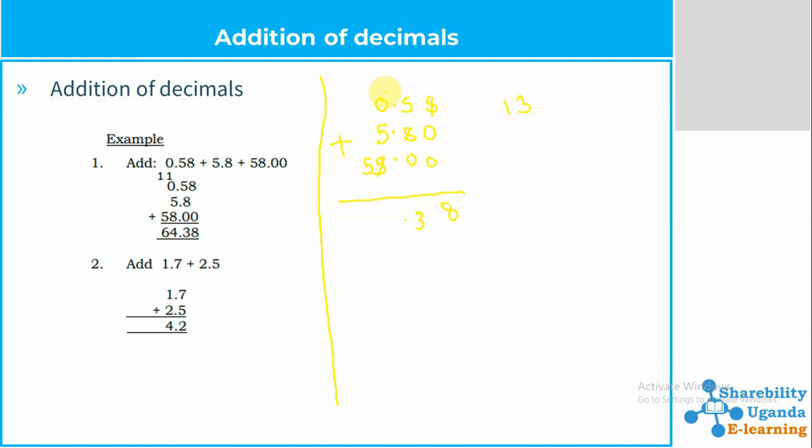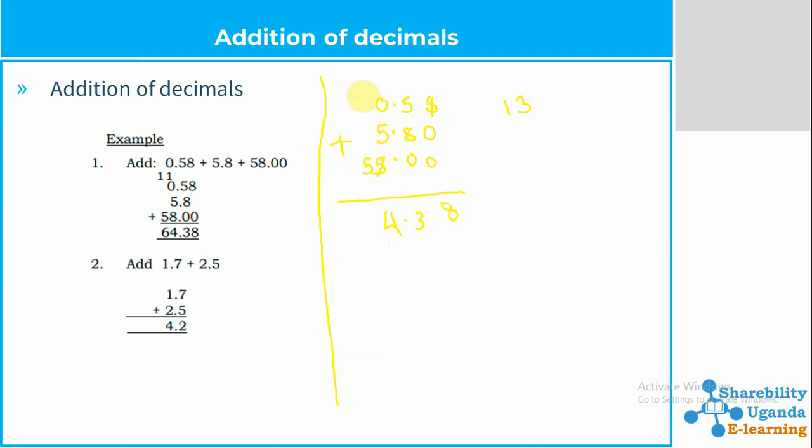Remember to put a point. We have written a 3, we are carrying 1. Then we have 0 plus 5 plus 8, it is 13. 13 plus 1, we get our answer as 14. We write a 4, and we carry our 1.